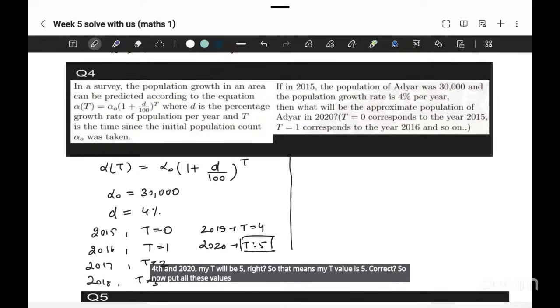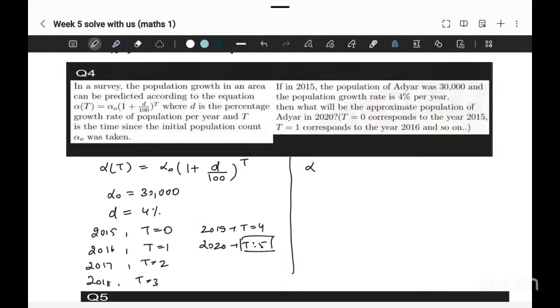So I need to find alpha of 2020, with t equal to 5. So this will be 30,000 times 1 plus 4 by 100, which is 1.04.